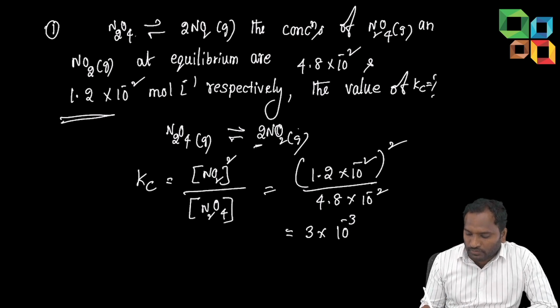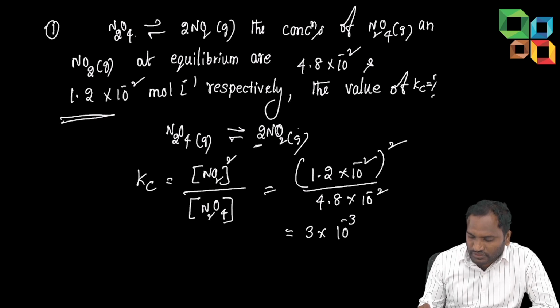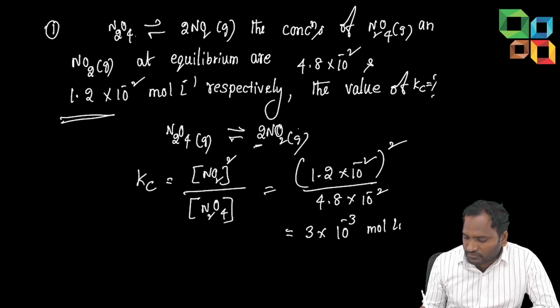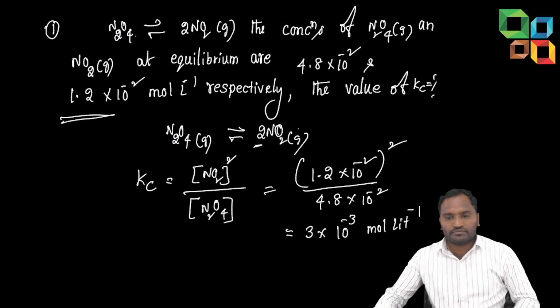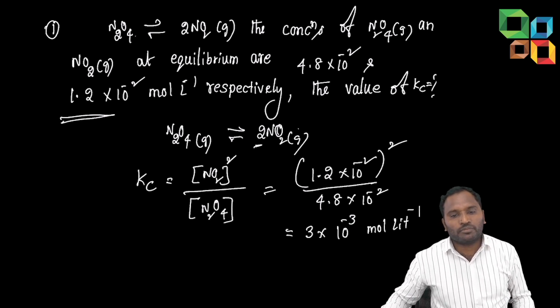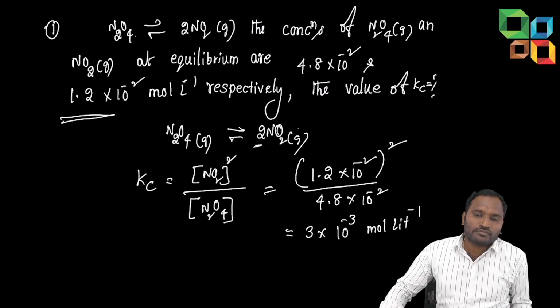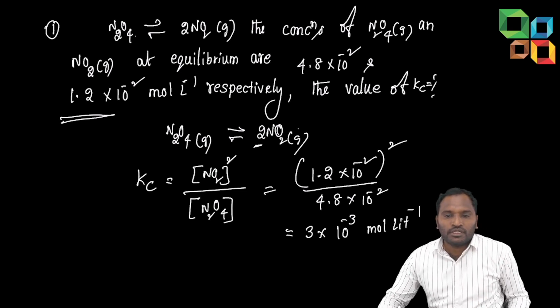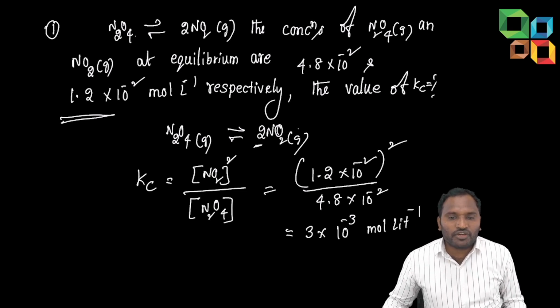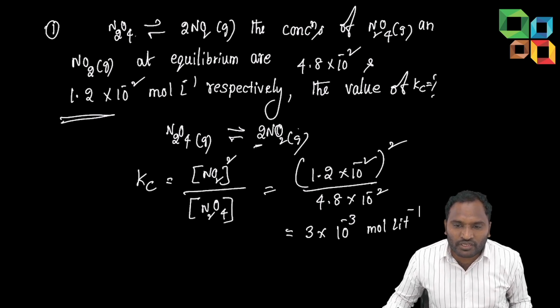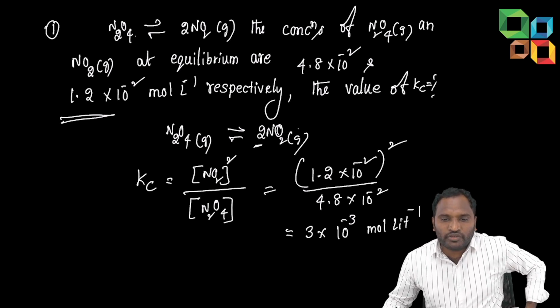Oh, no, unit will be there because it depends on equilibrium. Mole per liter. If the number of moles on both sides are equal, then there won't be any unit.